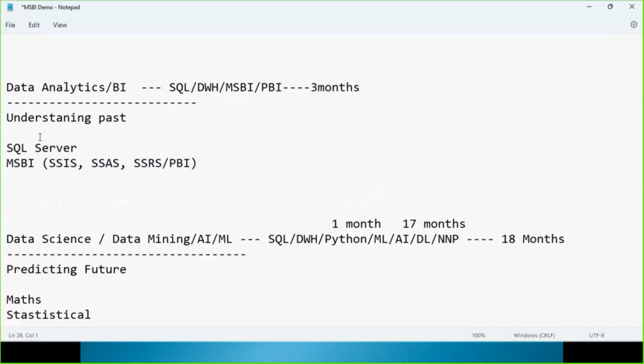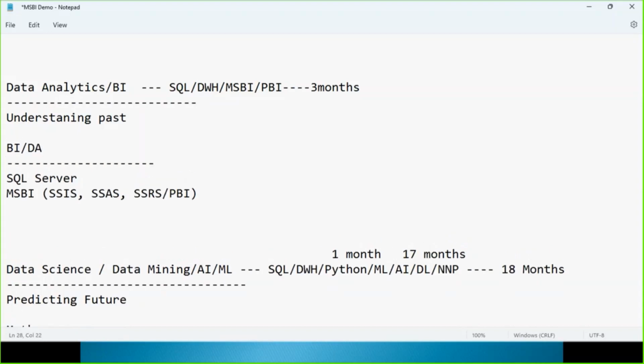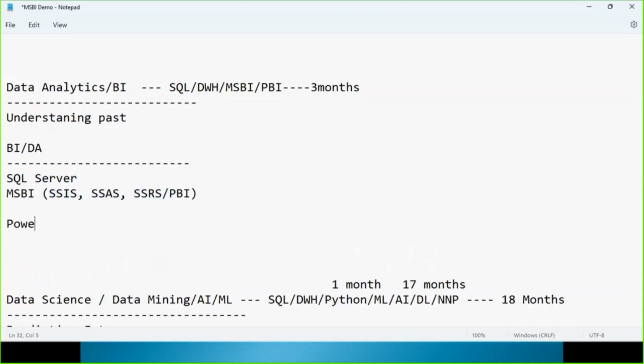So if you want to get into data analytics or MSBA or business intelligence, compulsorily you have to know SQL Server, you have to learn SSIS and SSAS. Instead of SSRS, you have to learn Power BI. Power BI is one more course, so you need to attend. Clear? This is compulsory for the IT industry.